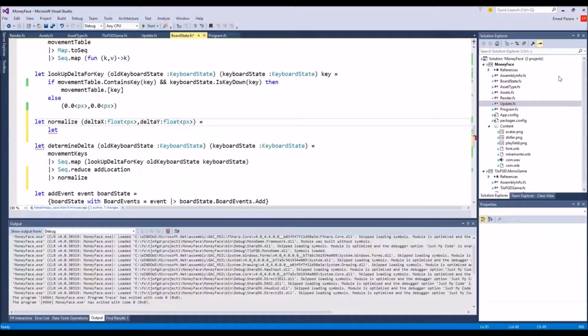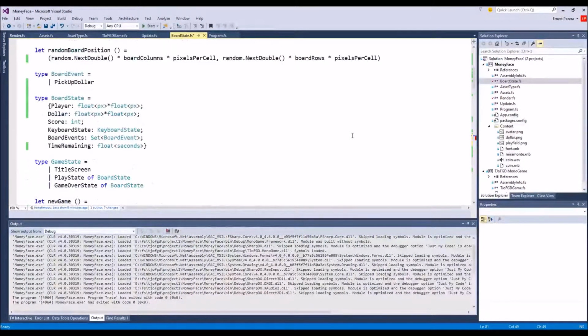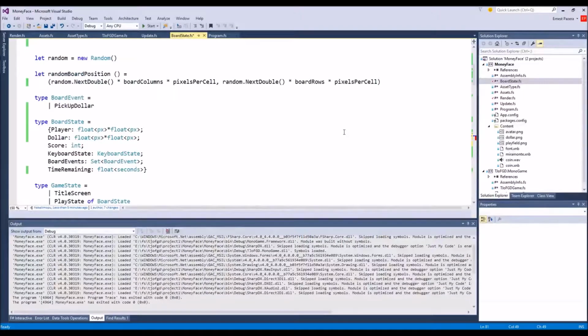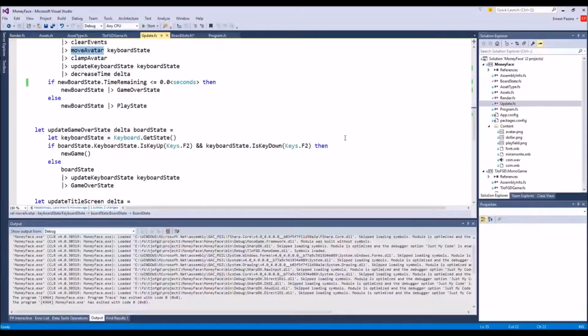See, I'm wondering at this point, can I, in board state, because there's the one where I do the distance. That's in my update. The distance.